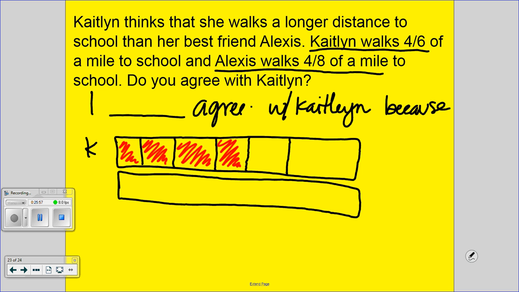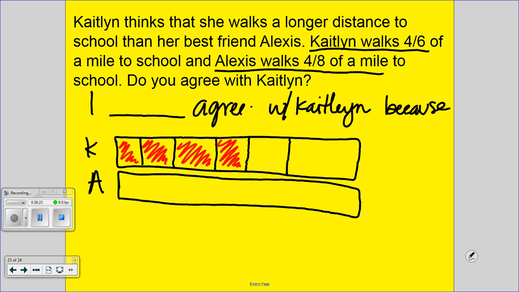Alright, my next bar, we're going to name A for Alexis. Am I going to break apart Alexis's bar into 4ths or 8ths? What do you think, Sam? How do you know? Because 8 is the denominator, and the denominator is how many pieces there are. Very good. Is there going to be a middle?